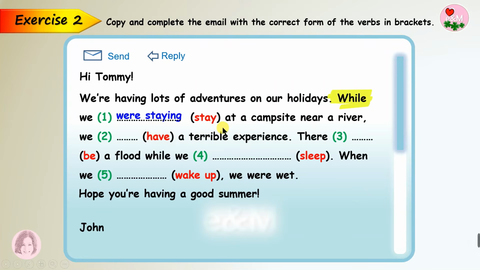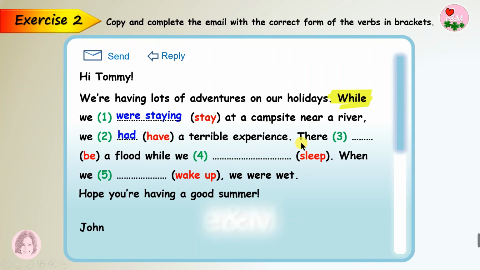Okay? For plural forms, we use were as our helping verb. So while we were staying at a campsite near a river, we had a terrible experience. The second part of the sentence is in past simple because it is a short, interrupting action.